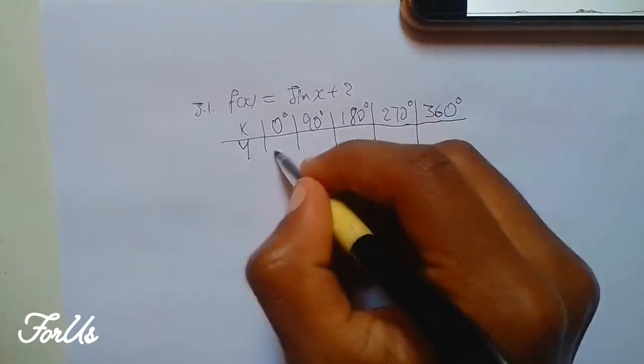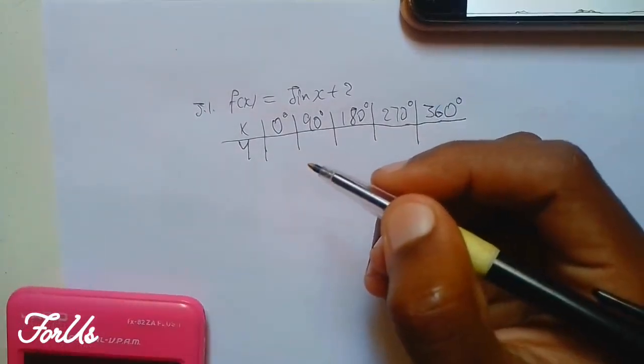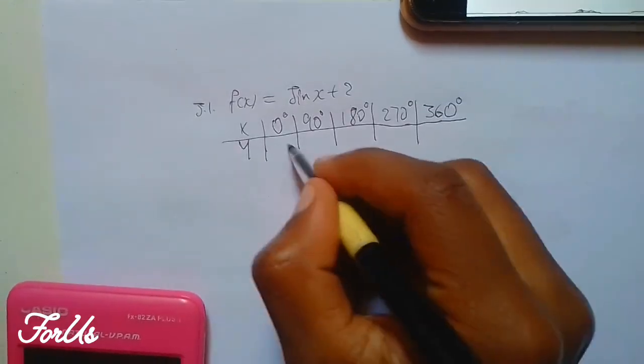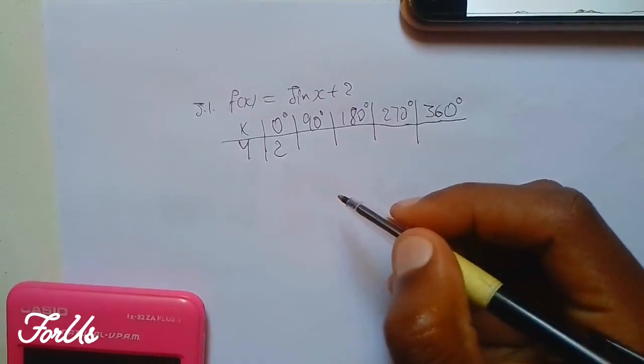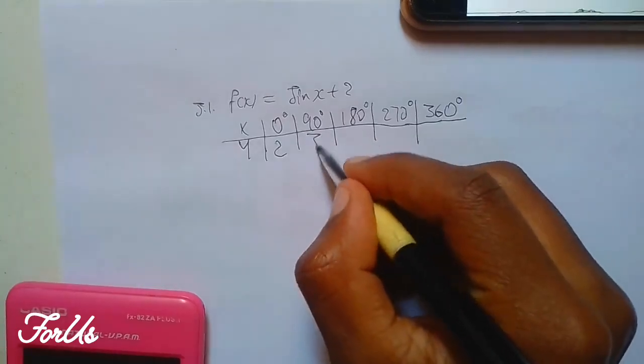Now you have to find the y value. Then it's going to be sine 0 degrees plus 2, which is 2. Then you can have sine 90 plus 2, which is 3.